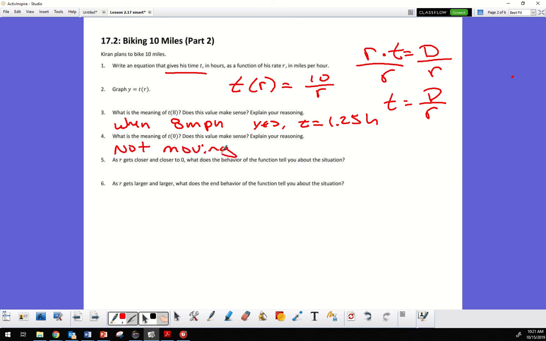Makes sense? Yes, not moving. Okay. As r gets closer to 0, what happens to the behavior of the function?